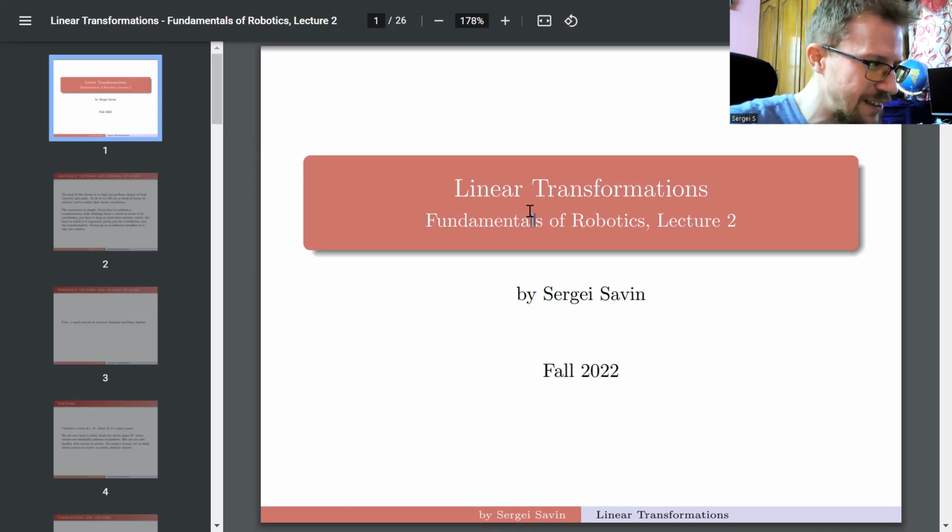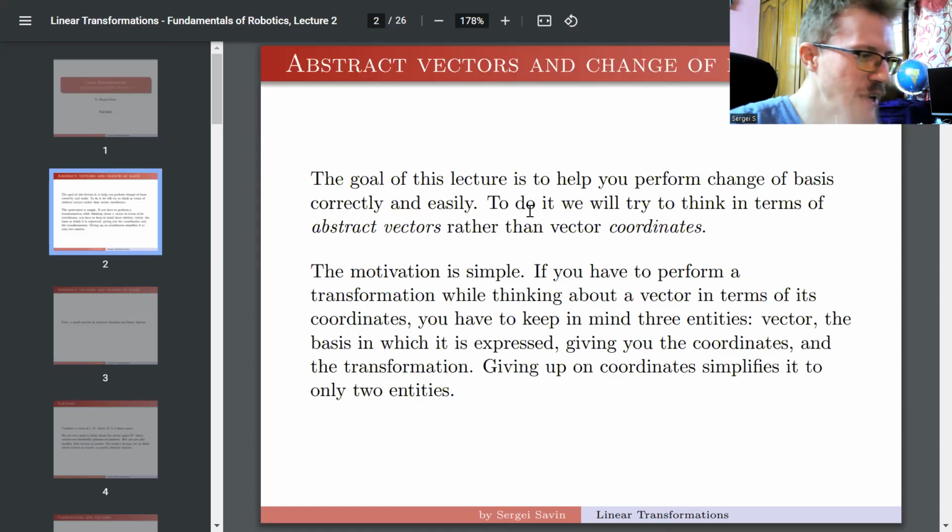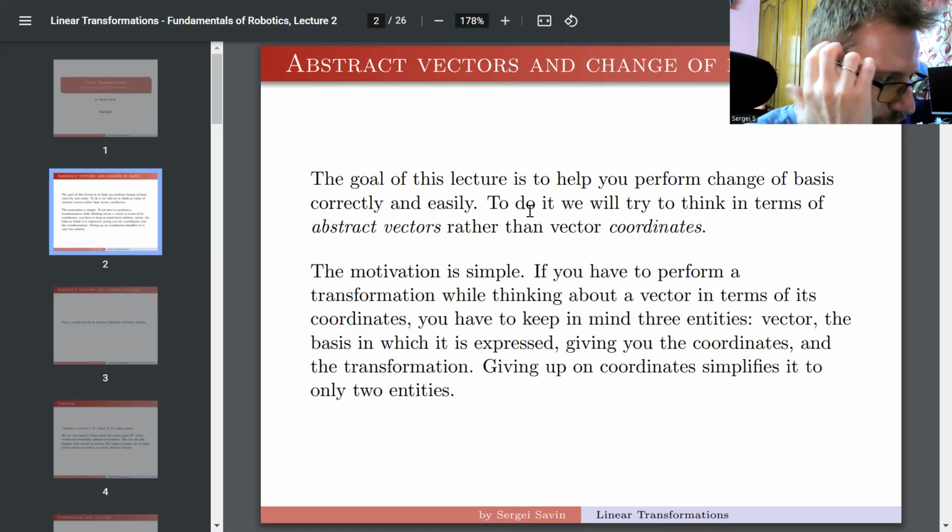But anyway, my hope is with this lecture, I will try to somehow give the concepts that you will need. Let's be more concrete. All right. I think the most difficult part of frame transformations is the understanding of change of bases. Okay.